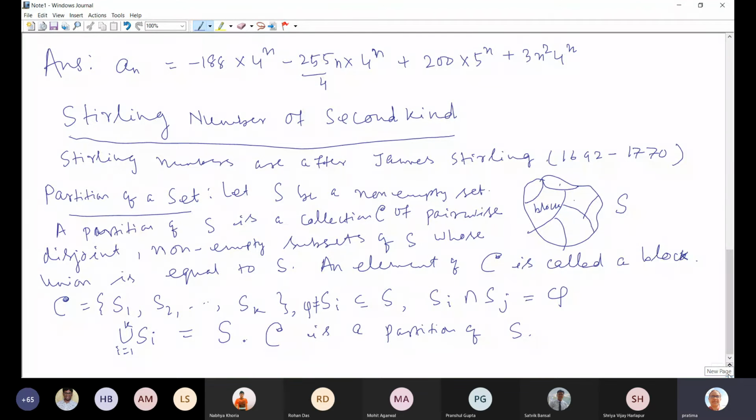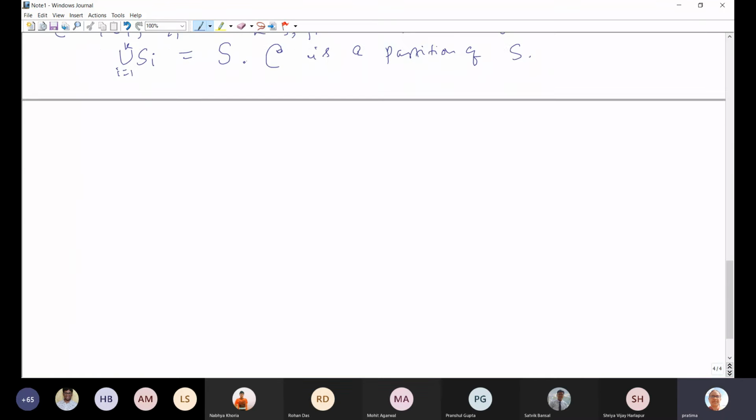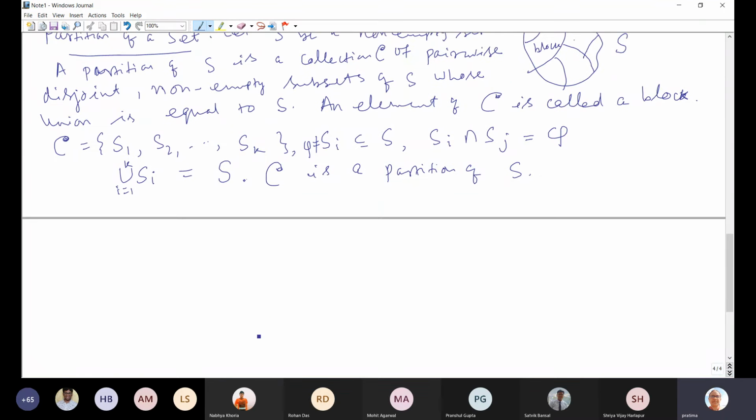Well, this is the Stirling number of the second kind. Actually, this collection C I have written here, C is a partition of S into k parts. Here k parts I have taken.